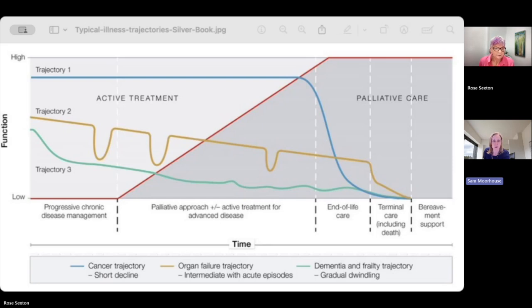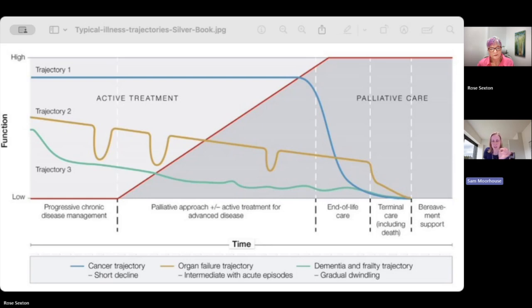The blue line is a trajectory of deterioration after a short or acute illness, and in particular a cancer trajectory, in which somebody's functional status is quite good for some time, and then there's a marked deterioration close to the end of their life.